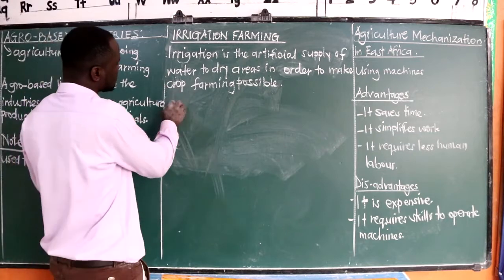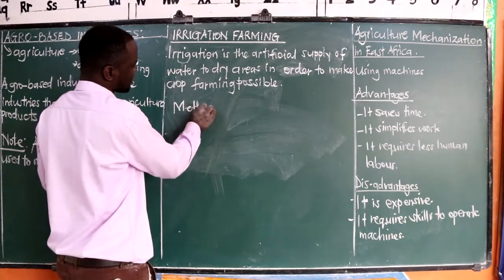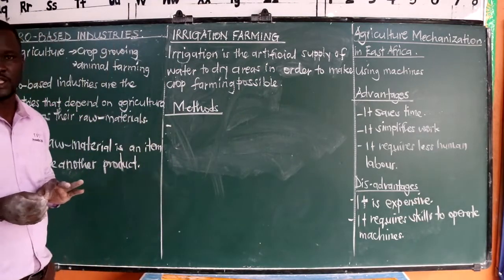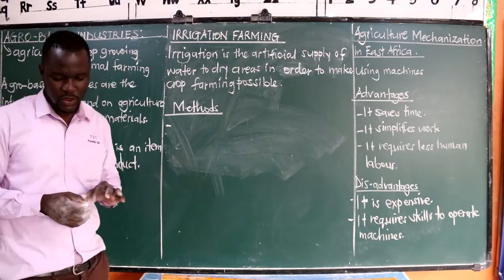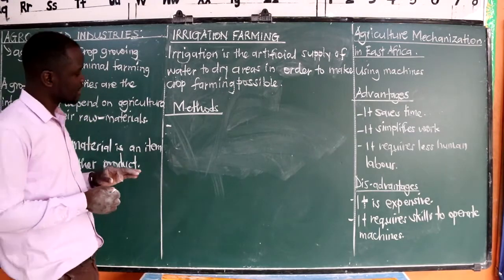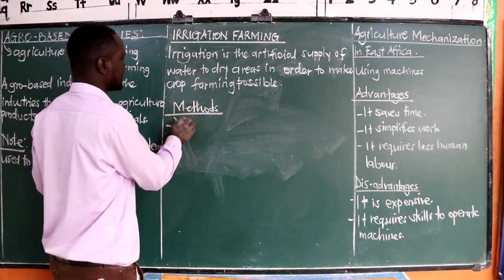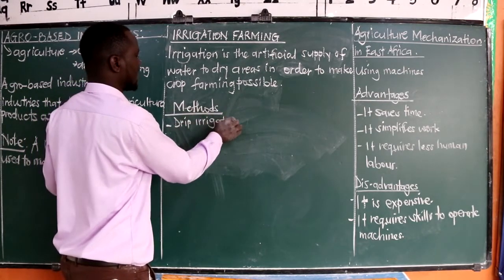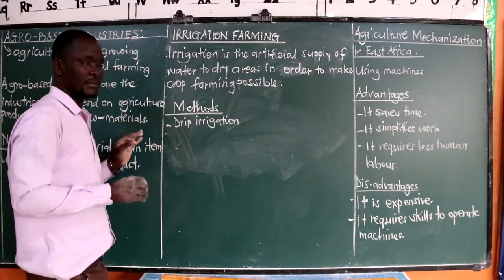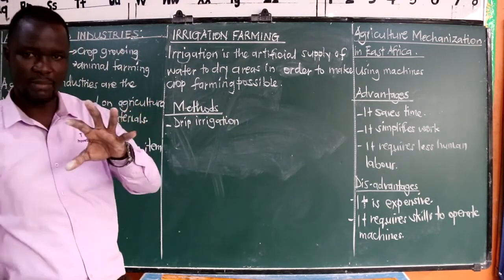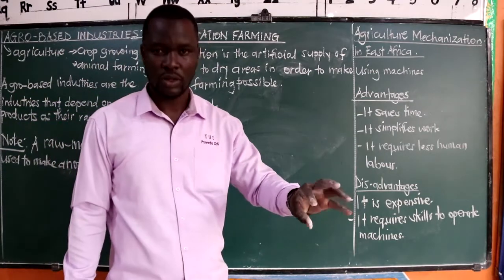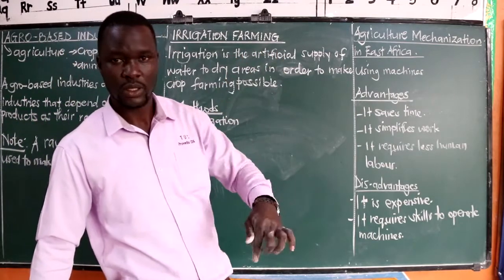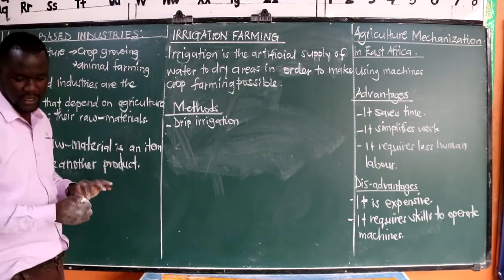Now, when we come to irrigation, we have methods of irrigation. Mainly, we have drip irrigation, whereby sometimes we find people tie a bottle or a container having water, then the water keeps on flowing to the crop.